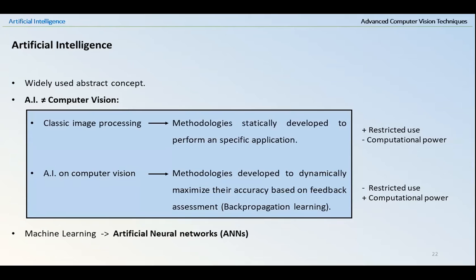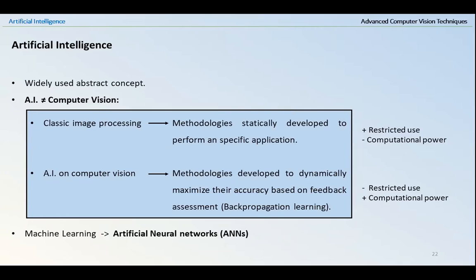So what's the difference? In conventional computer vision techniques, you have to develop an algorithm to perform a specific action or to get specific data from the image, like dealing with masks, filters, color ranges, and all that stuff that we have previously seen.